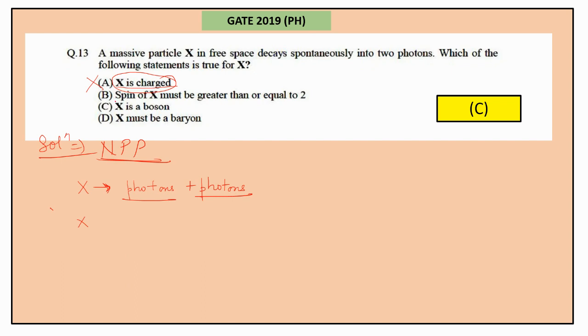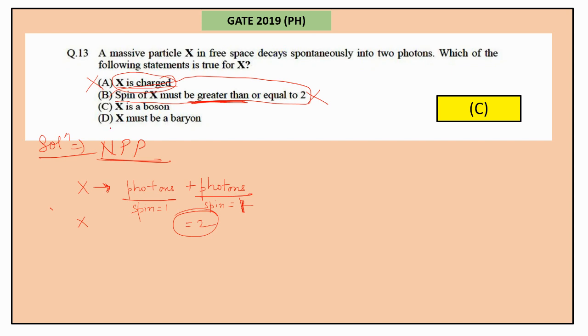Now here you can see the spin of X must be larger than 2. The photon is an integral spin particle and the spin of a photon is 1. So these are 2 photons, so it will have overall spin equal to 2. So it is given that the spin of X must be greater than or equal to 2. So greater than is given, which means it is also wrong.